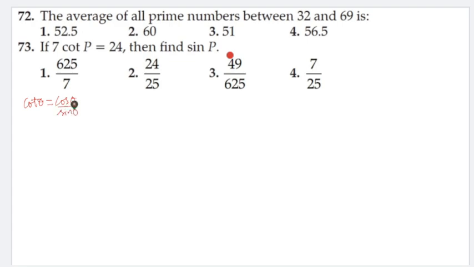So again there is another formula for cot theta, that is root of 1 minus sin square theta divided by sin theta. So these are the formulas that you should be knowing. Now we can easily do the problem.